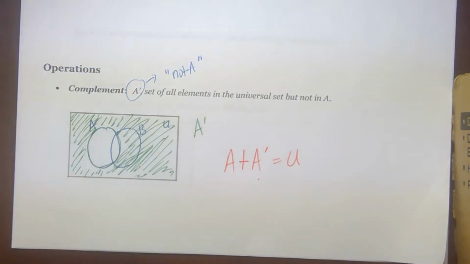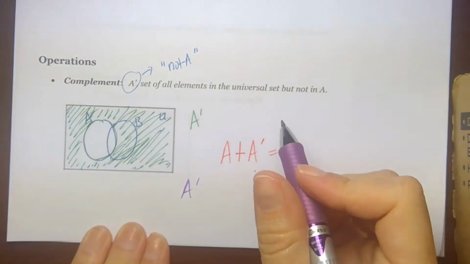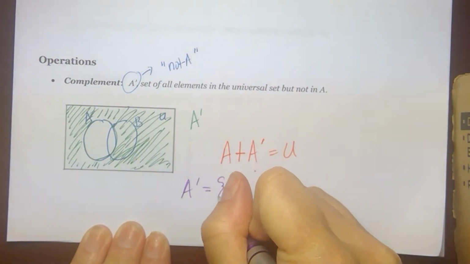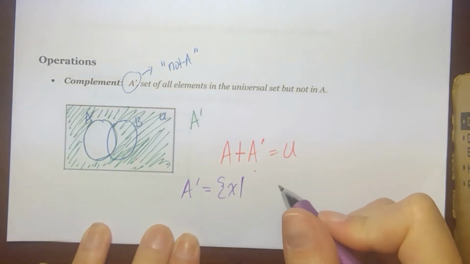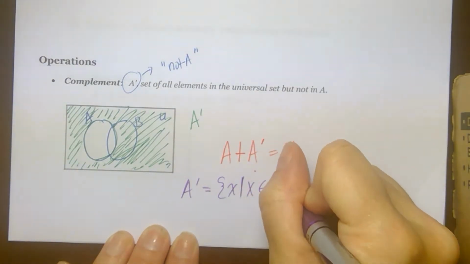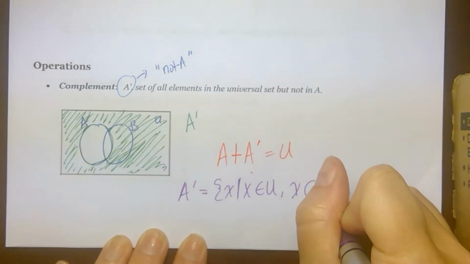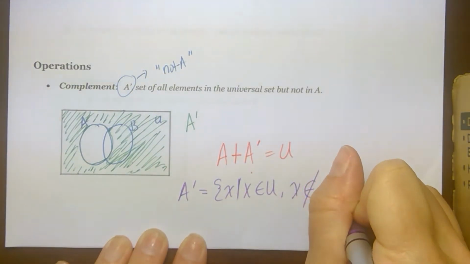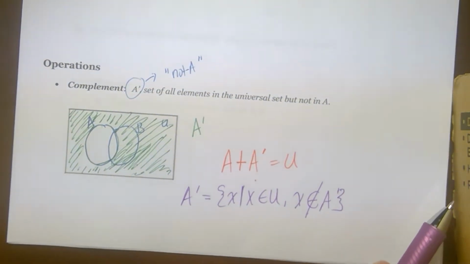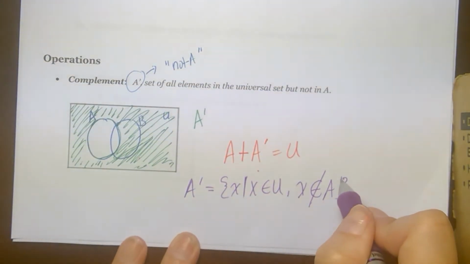A way to put that in set builder notation is to say that not A, or A complement, is the set of all elements X such that X is an element of the universal set and X is not an element of A. So A prime or A complement are all the elements in the universal set that are not in A. And that's not supposed to be a symbol there.